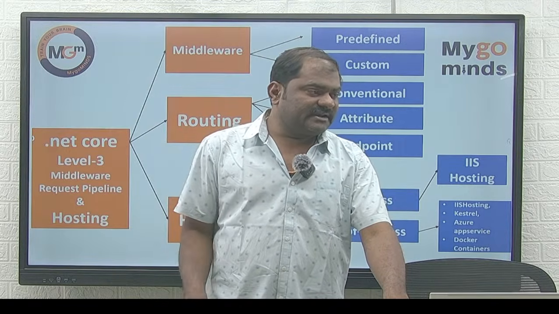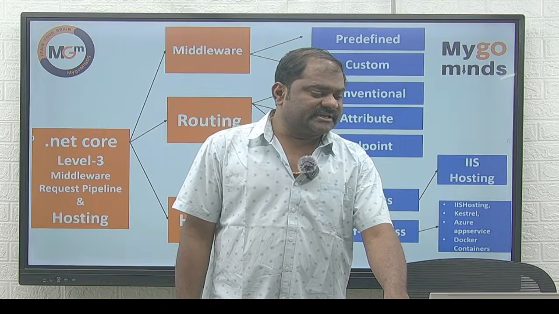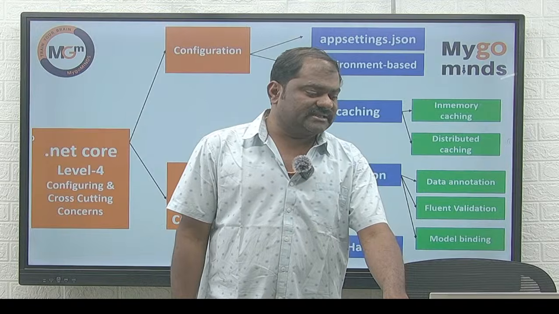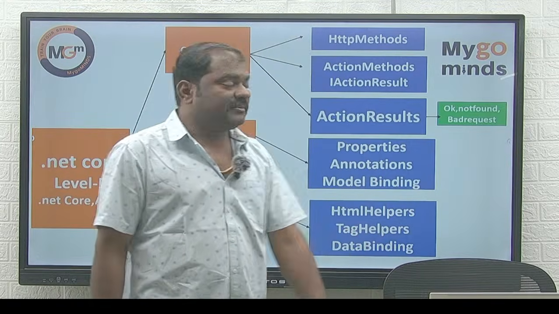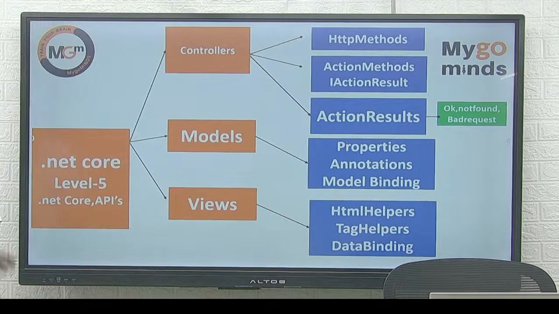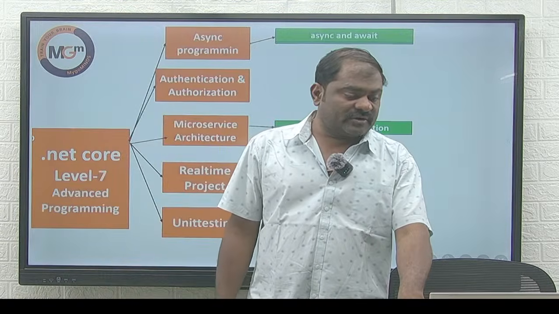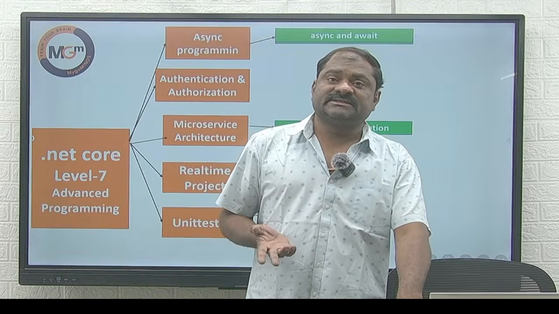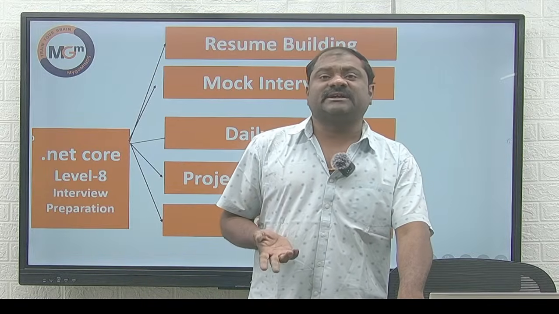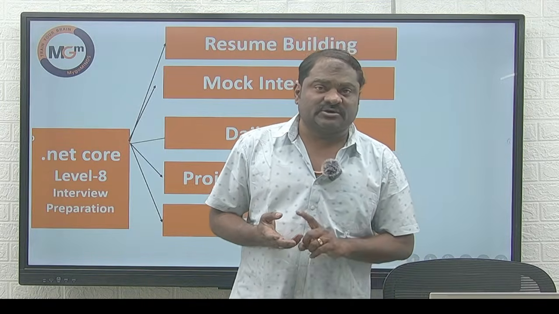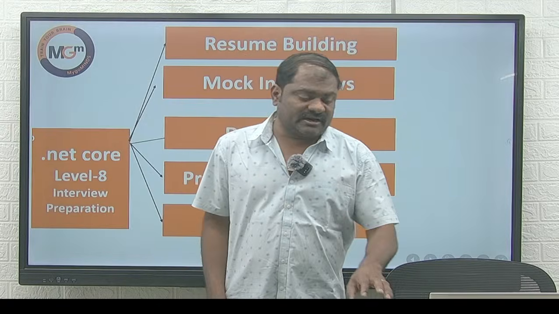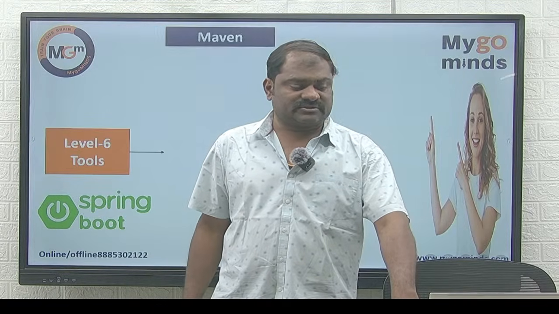And here middlewares, routing, hosting, configuration, cross-cutting concerns, MVC, model, view, controller, action methods, HTTP methods, annotations, HTTP helpers, Entity Framework Core, microservices, authentication, authorization, JWT token, Azure DevOps, everything we'll try to cover in this course.